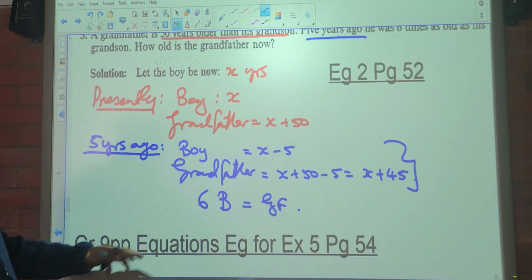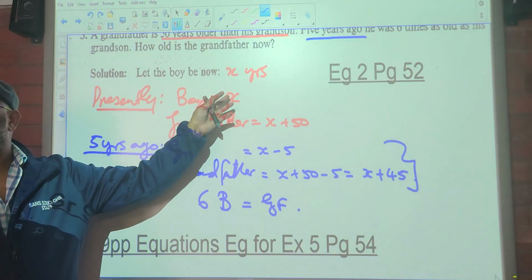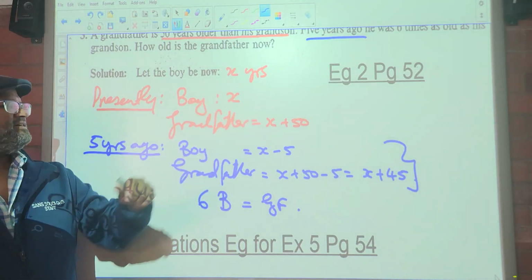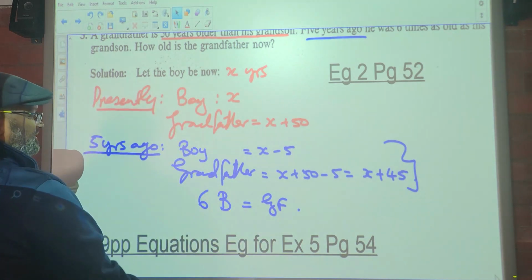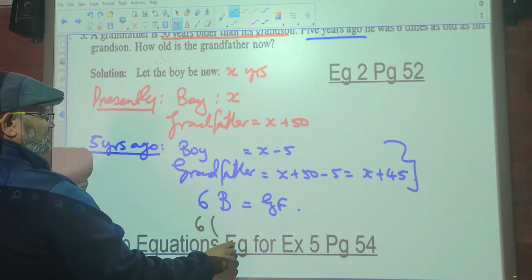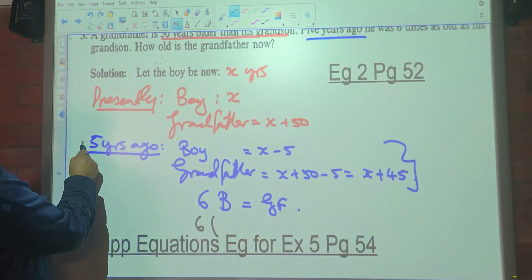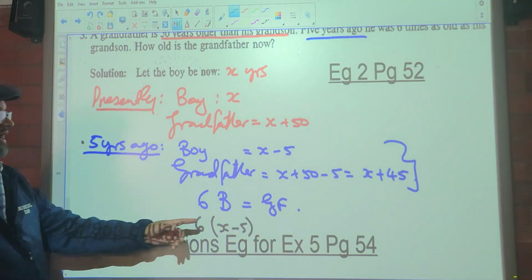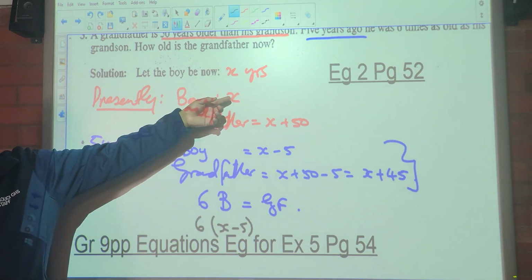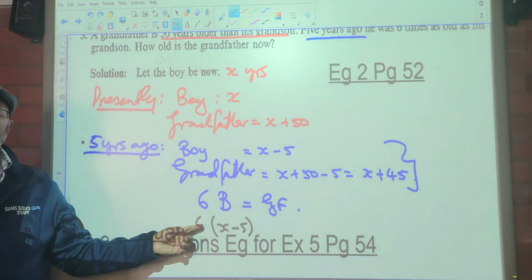So when I solve for x, I will actually get the boy's age. Then I must add 50 to get the grandfather. But anyway, let's solve the sum. So you say 6 times, what's the boy's age 5 years ago? X minus 5. You all understand why I'm using x minus 5 and not x?